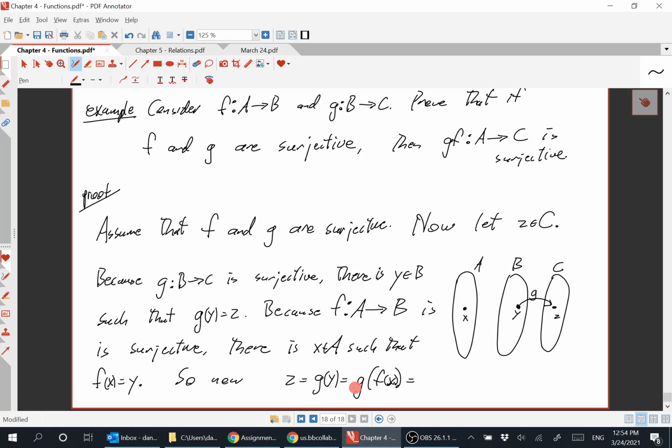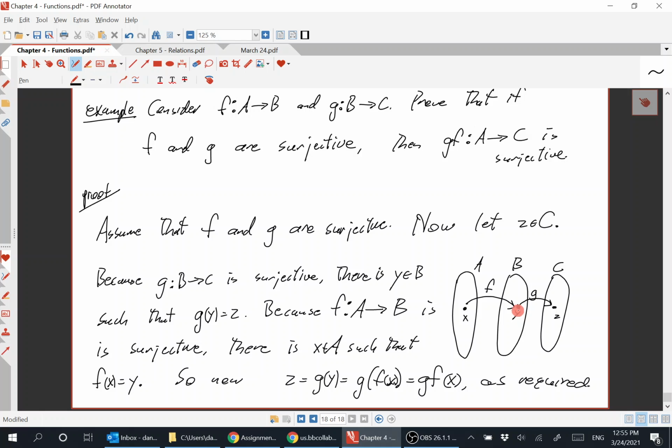That's the definition of G following F of X, as required. Alright, so given the Z, there's a Y here. Given the Z in C, there is a Y in B, such that G of Y is Z, and that's because G is surjective.